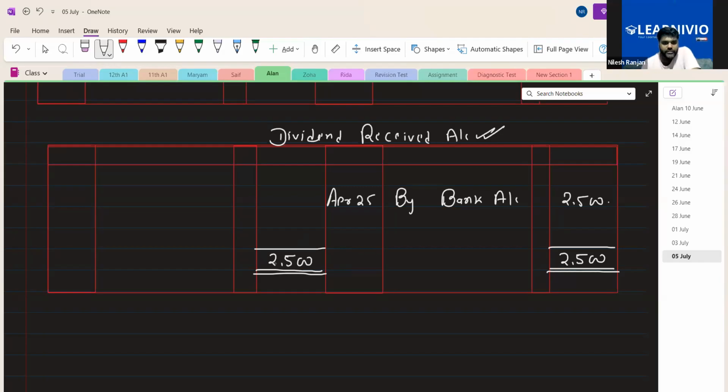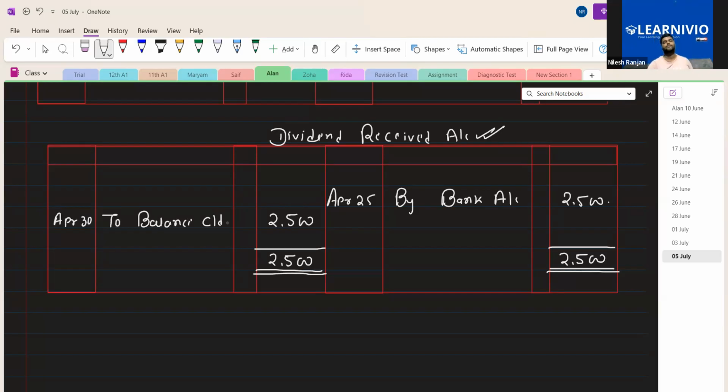And from this 2,500, you will deduct the debit side amount, the lower side amount, which is 0. So 2,500 minus 0 will be the same, 2,500. This is the balance. The balance is written on the last date of the month as balance CD.